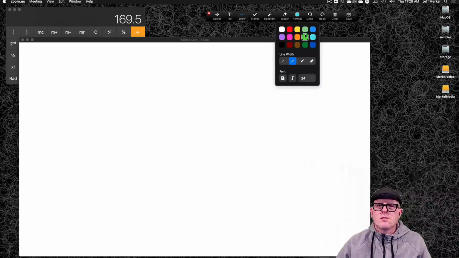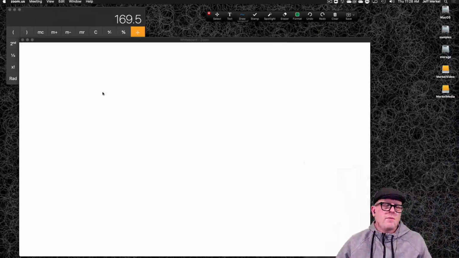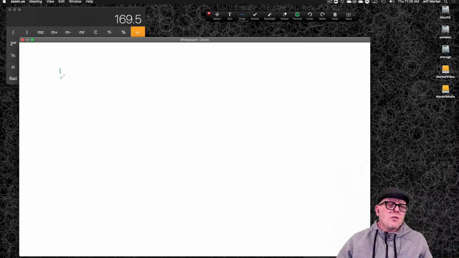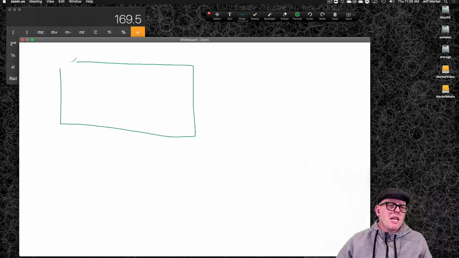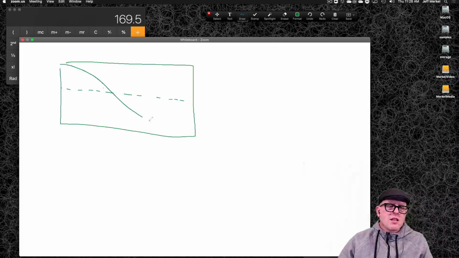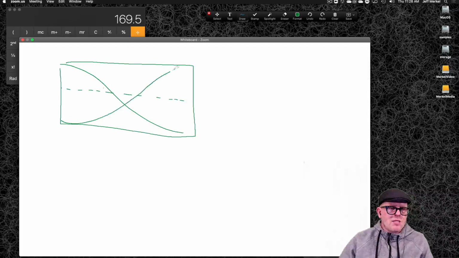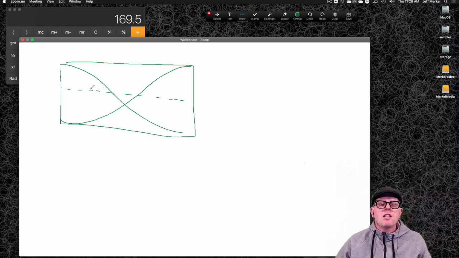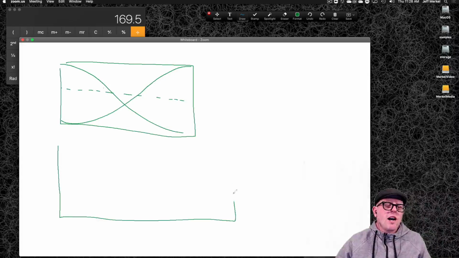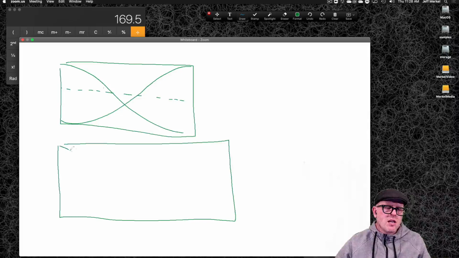Let's do dark green. So in a room, remember, if I have just an axis, the pressure plot is going to look something like this. But the way acousticians tend to draw stuff is what we call rectified. So drawing a rectified wave is going to look like this.